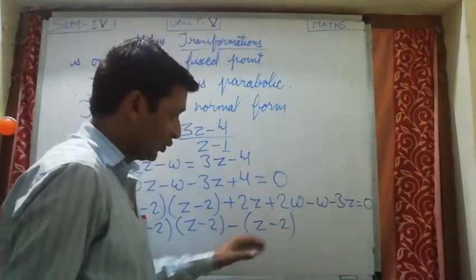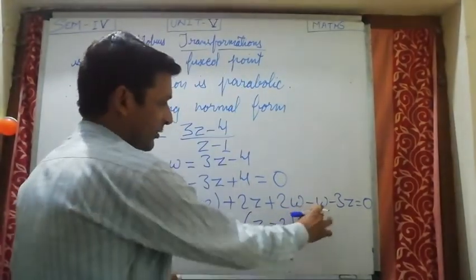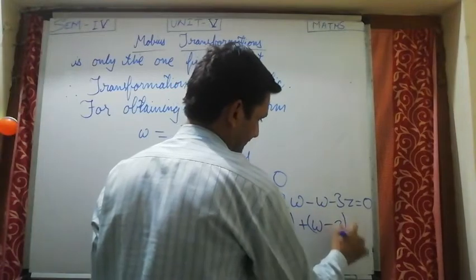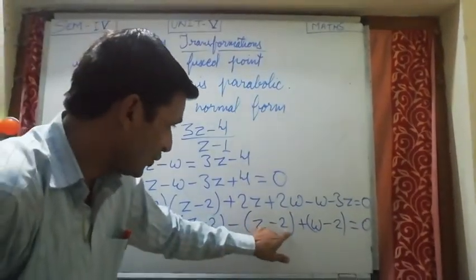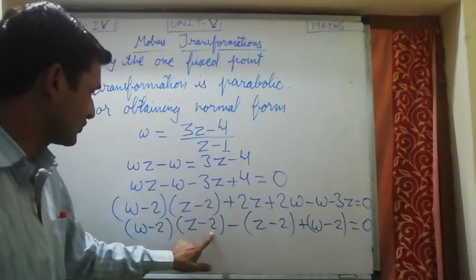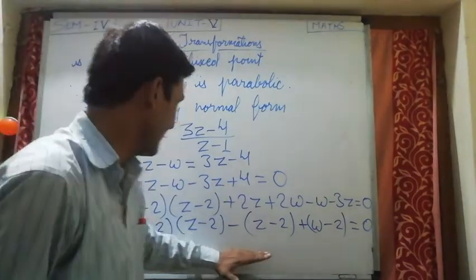Why we are taking 2? Because with w also we have to take 2. It is 2w - w, that is w, positive, (w - 2) is equal to 0. Here it is minus into minus plus 2, and here it is -2. That 2 is cancelled, and -2 into -2 is plus 4. That plus 4 is already here. So we can write it in this manner.